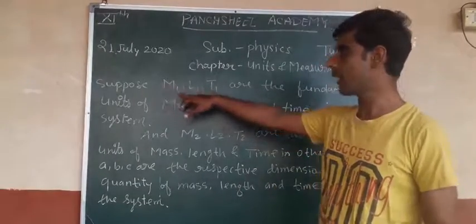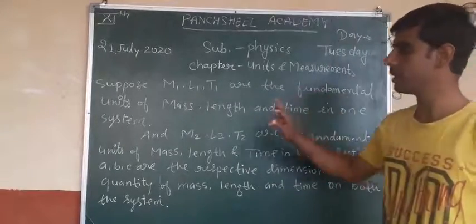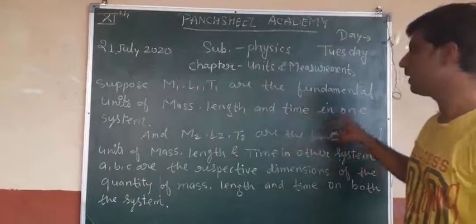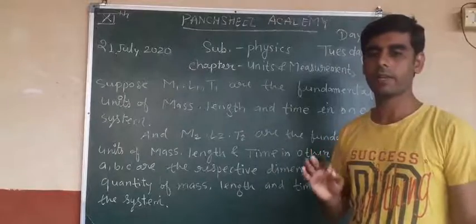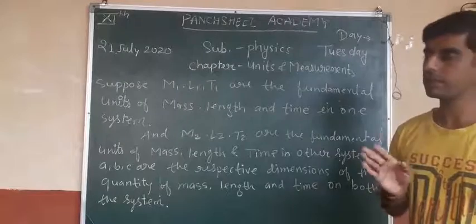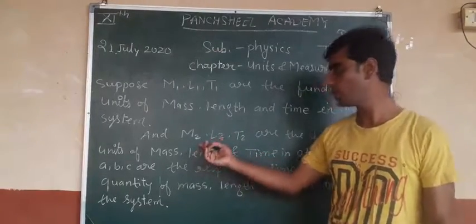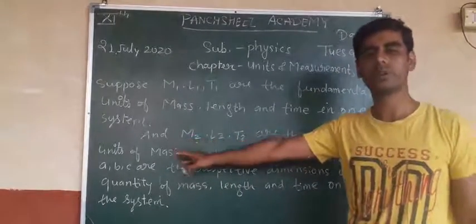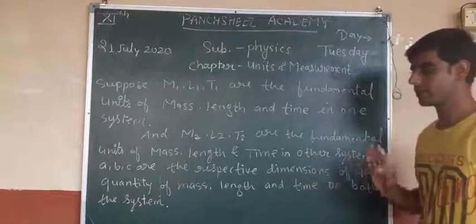Suppose m1, l1, t1 are the fundamental units of mass, length and time in one system, and m2, l2, t2 are the fundamental units of mass, length and time in the other system.